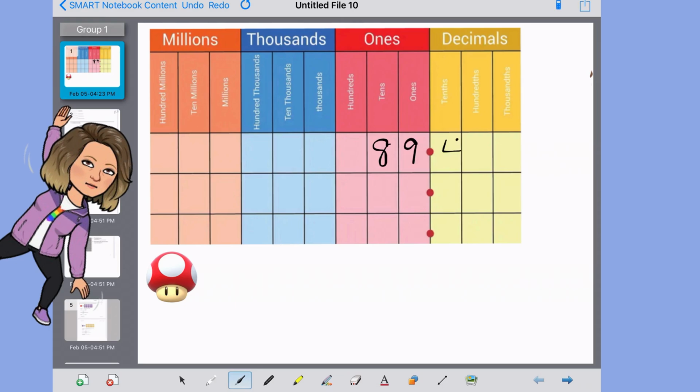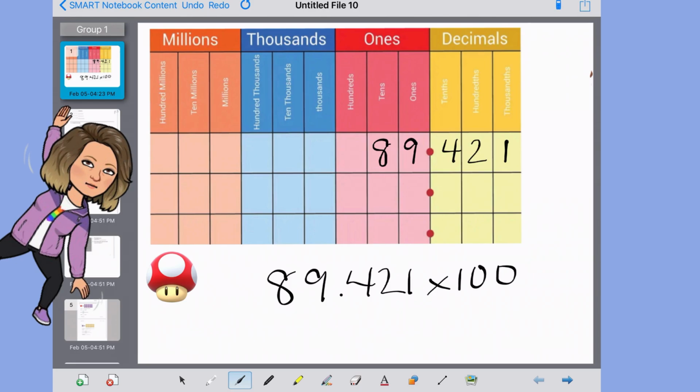So if I had 89 and 421 thousandths, and I wanted to multiply that by 100, I know that 100 in my head is 10 times 10. That tells me I'm going to go up 2 place values.